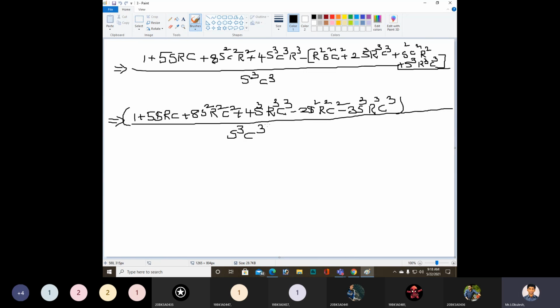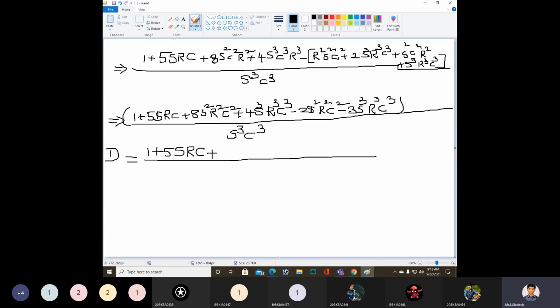Okay. So from this equation, you need to simplify this to D equals 1 plus 5SRC plus, see here we have 8 S square R square C square.